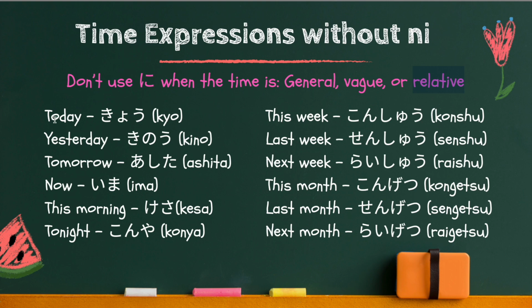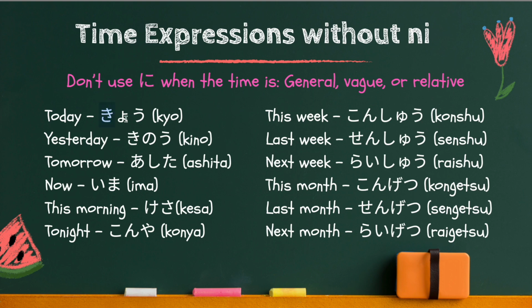For example, today, yesterday, tomorrow, now, this morning, and so on. Those are only some examples. I will put other important time expressions that don't require ni in the description below so that you can review and study them afterwards. So let me read those words for you.